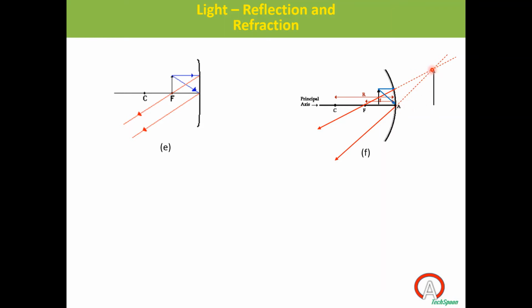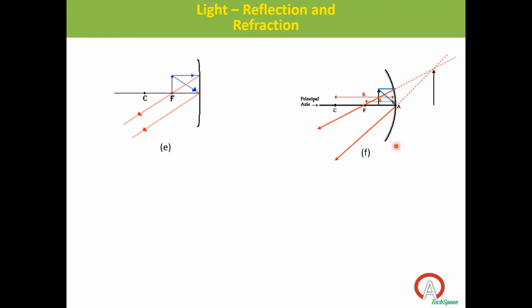What you have to fix there? Since the incident ray is starting from the head of the object, the intersection of the reflected rays should also be the head of the image, based on the principle. Clear?